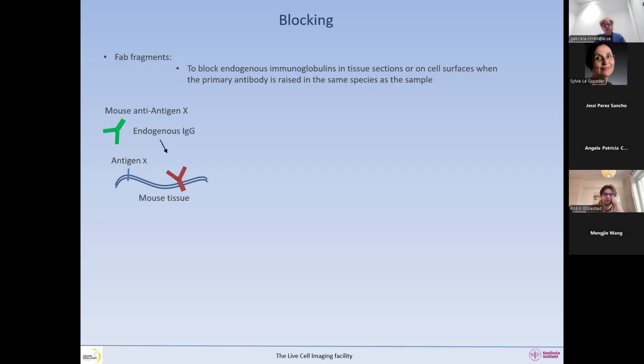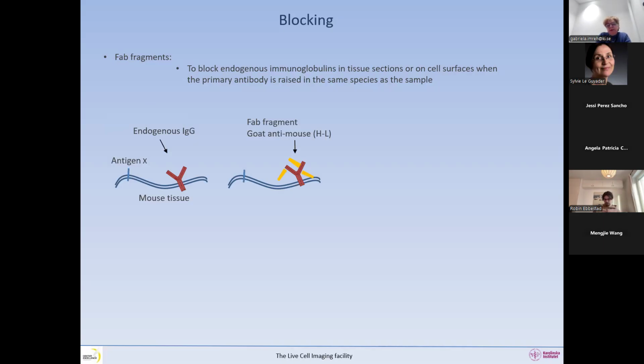We have a mouse tissue, and we have some endogenous IgG, probably on a cell presenting, let's say, an Fc receptor or something. And we want to use a mouse antigen X antibody. So it's mouse antibody and mouse tissue. So the first thing that we will do, you will take your Fab fragment, and this will be your blocking.